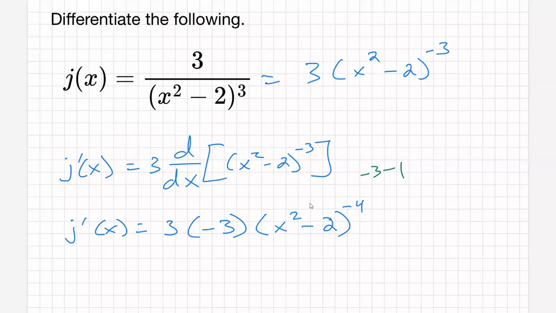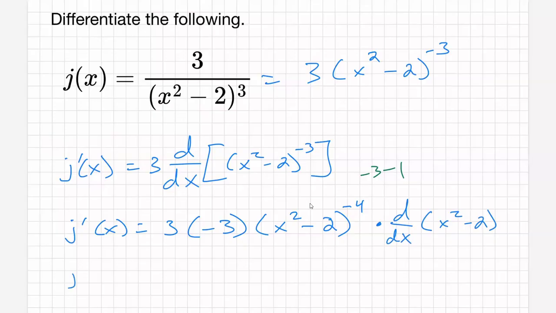But we're not done yet, because the chain rule tells me I took care of the outside part, but now I have to take care of the inside part of this function. So what I'm going to multiply by now is the derivative of the x squared minus 2. Which would end up being just 2x, right?